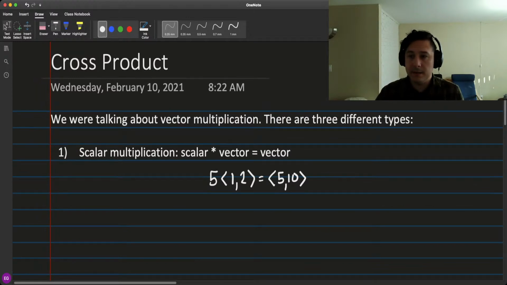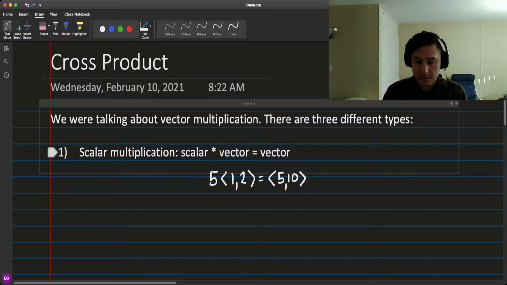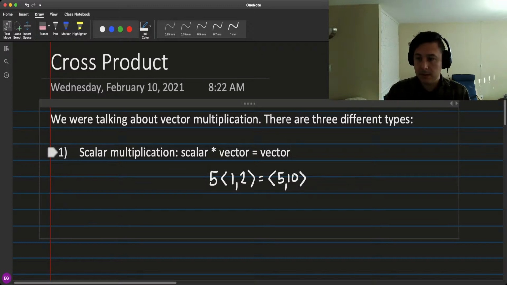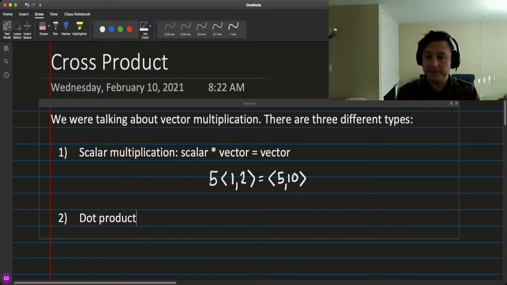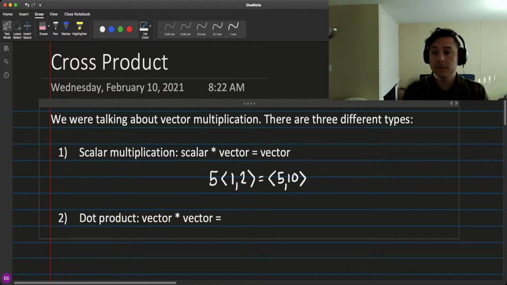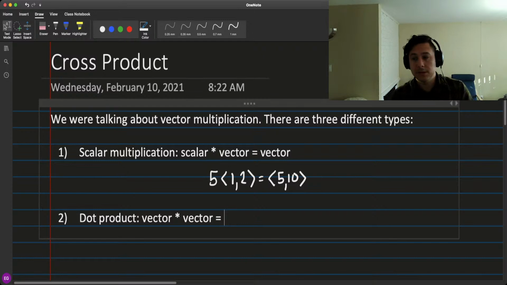And then we talked about another type of multiplication. We learned about the dot product, which is a vector times a vector, but what do you get out? Notice the scalar multiplication is a scalar times a vector and you get a vector. The dot product is a vector times a vector, but what was the type of the resulting thing?